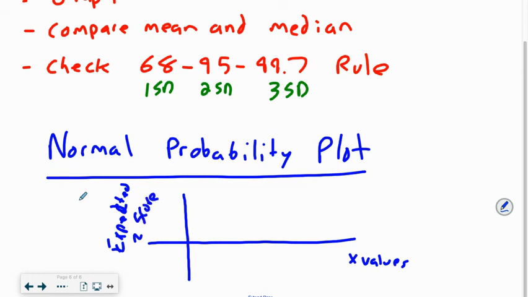What you're looking for with these is a linear pattern. So if your normal probability plot is linear, then your data is approximately normal. If it's not linear, it's showing some other pattern, then your data is not approximately normal.